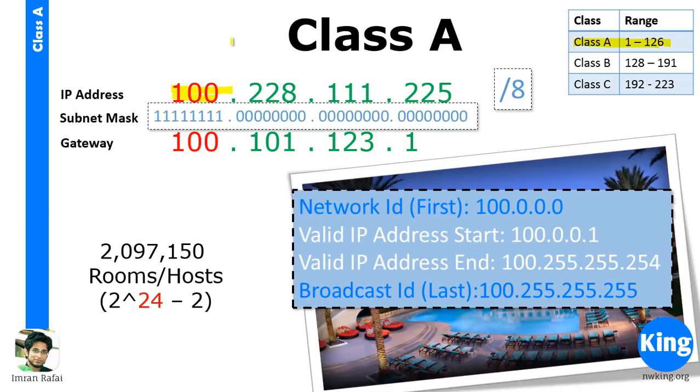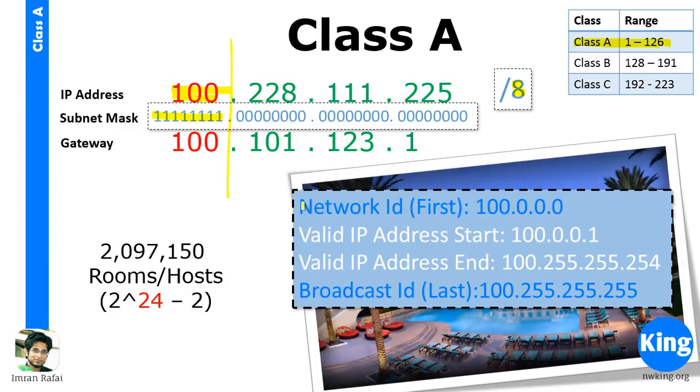As we know so far, this will be the separation between network and host. So anything with 100 is part of this network, and this is also represented as a /8 network because it has 8 bits as ones in the subnet mask.